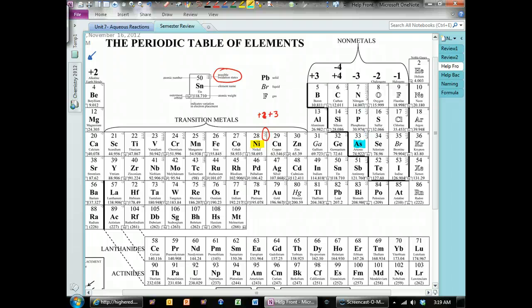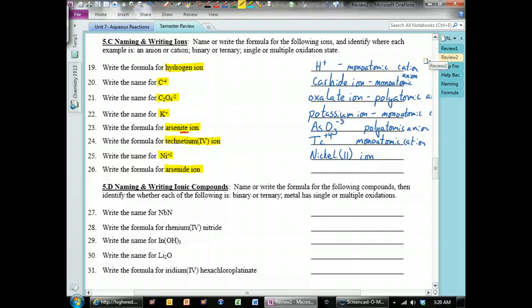If you notice, it's got multiple oxidation states here. You ignore those and just get the number at the top of the periodic table. So the arsenide, As, is going to have a -3 charge. And that is monoatomic because it's only one element and it's an anion.